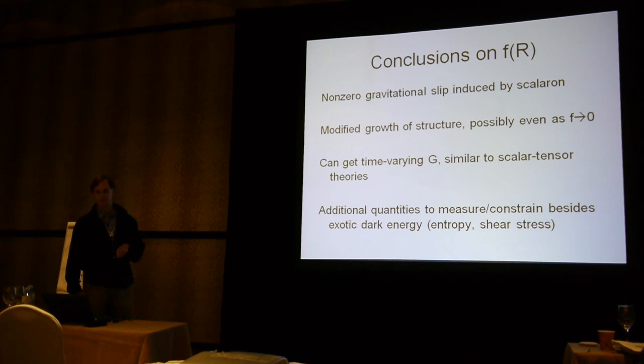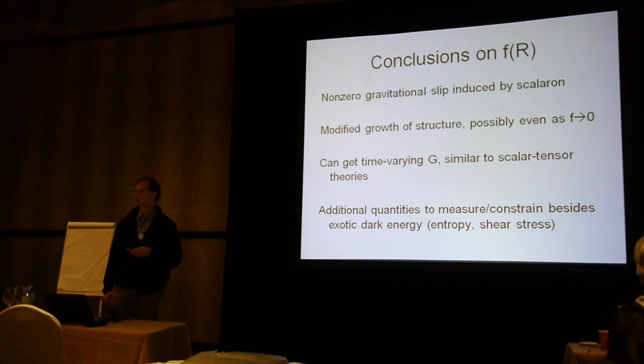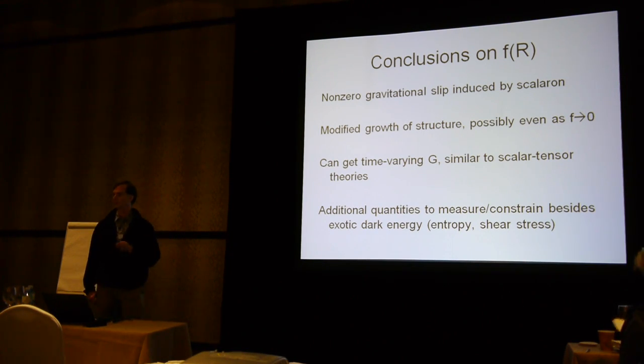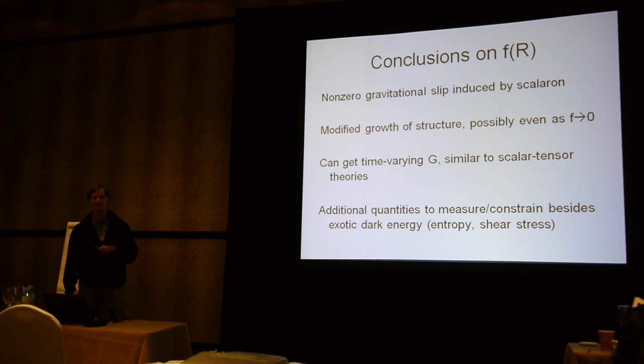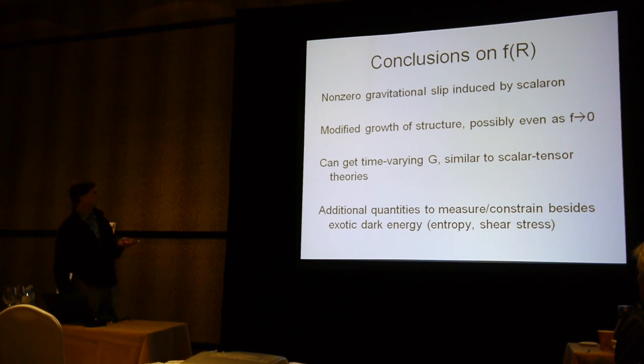So to summarize the conclusions about FFR theories that I presented here, there's a non-zero gravitational slip induced by this scaleron. And so certainly we want to measure the gravitational slip and other things, if possible, that would distinguish between a scaleron and stress dark energy. There will be modified growth of structure, that's clear from modifications of the Poisson equation. The interesting question here is whether those modifications are present even in the limit as f goes to 0, whether there's a singular limit that's different from general relativity.